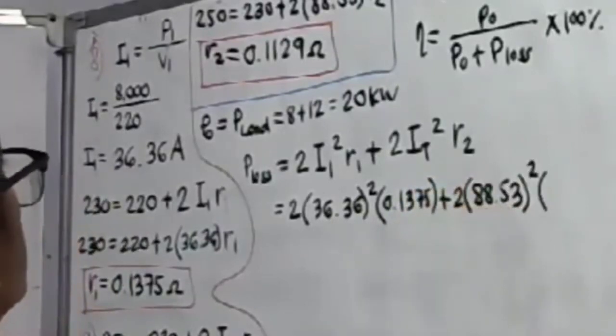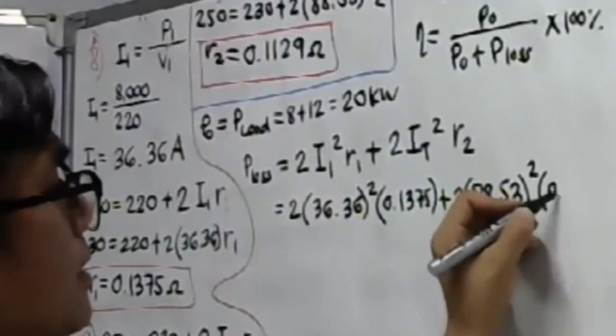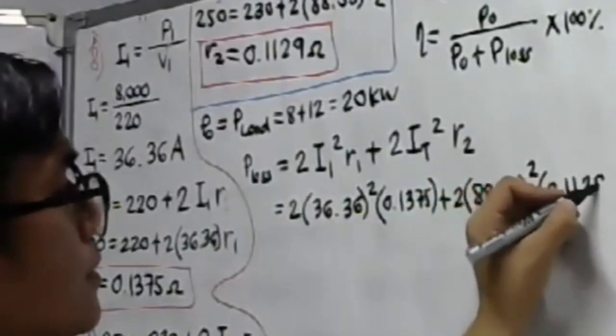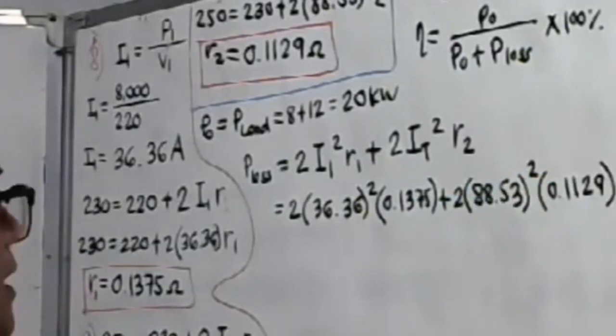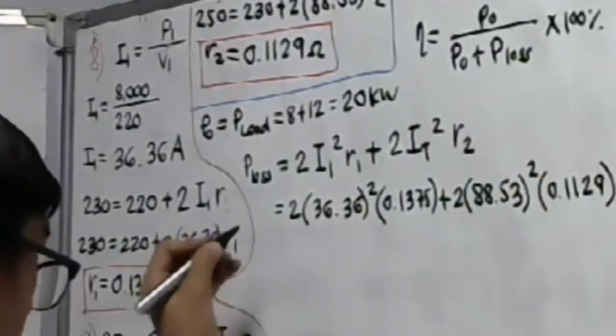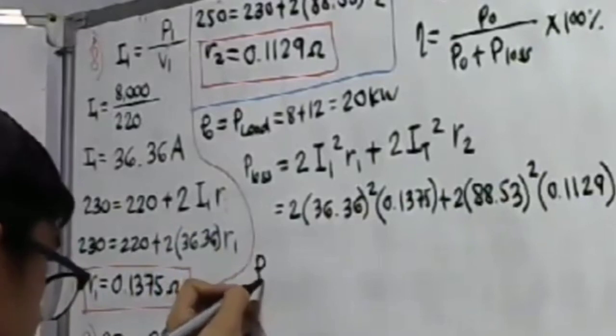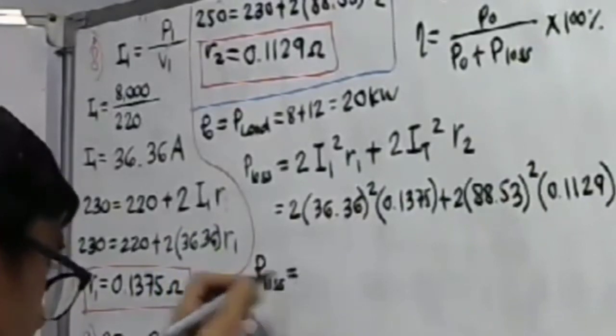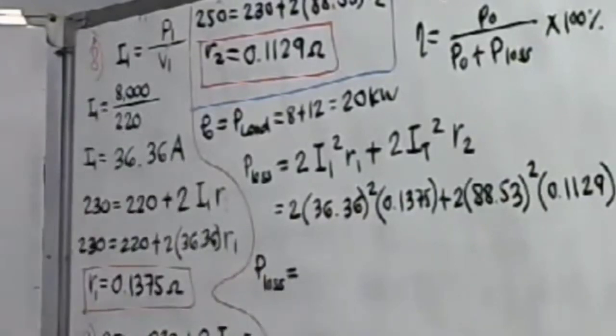Then we have our R2. R2 is 0.1129. Okay. So that is our power loss. Let us calculate.